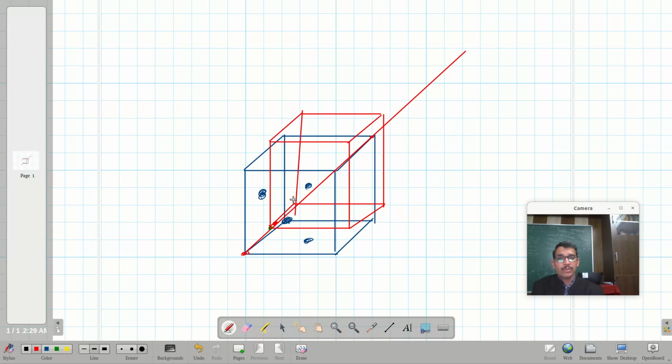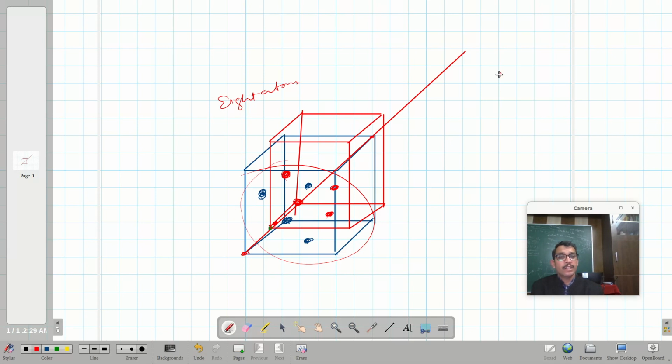Similarly, when I look at the other one, one atom will be lying here, another here, another here, and another here. So this is basically the diamond-like structure, so it contains 8 atoms.